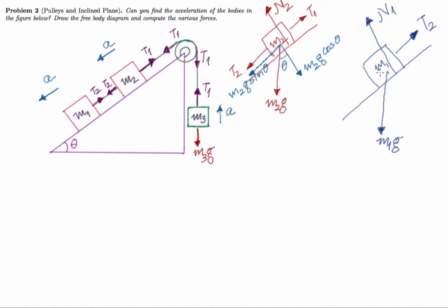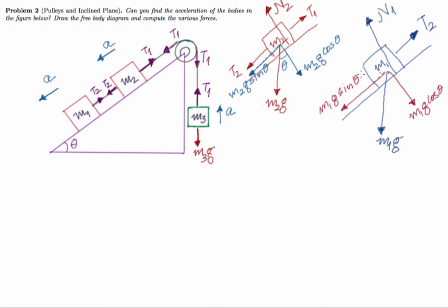On a similar note, the perpendicular force and parallel force can also be found for M1, and this will be M1g cos theta, that's the perpendicular force, and M1g sin theta.